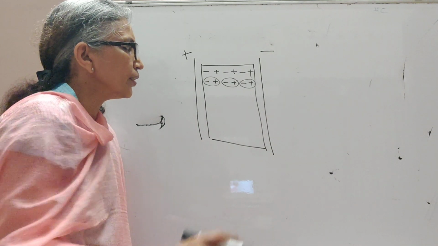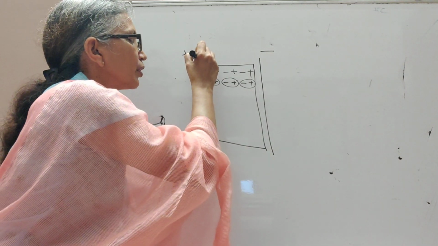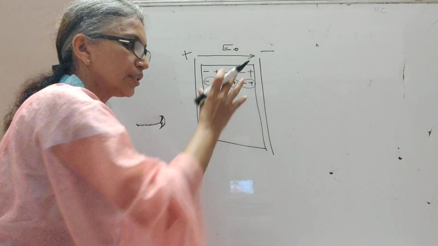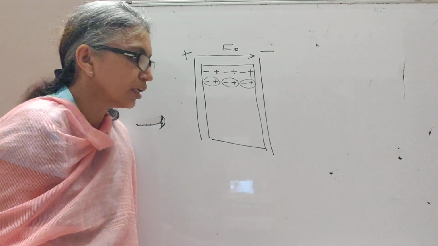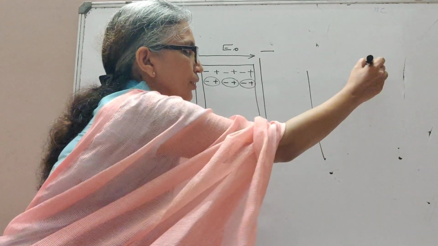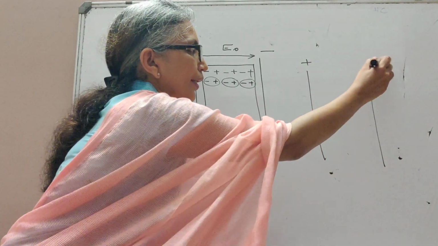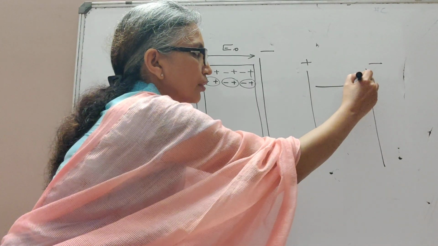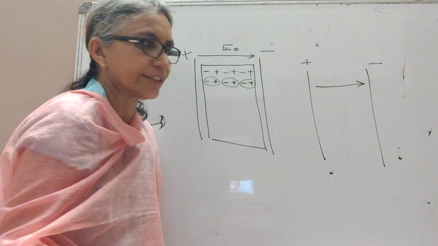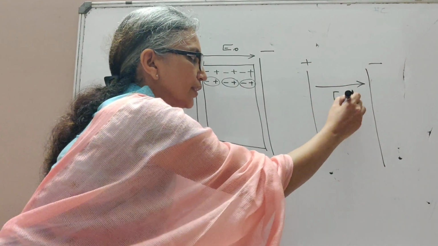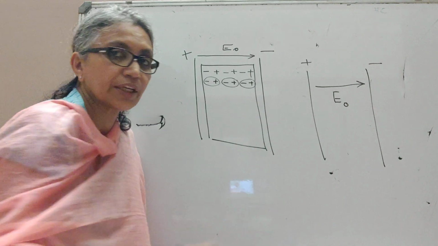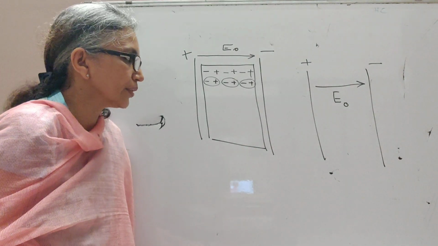Now what happens here is you already have an electric field existing even before you inserted the dielectric. We just had two plates, one positive and one negative, with air or vacuum as a medium. For this, we know that the electric field is directed from positive to negative, and that I call E0, which is the original electric field with air or vacuum between the plates.